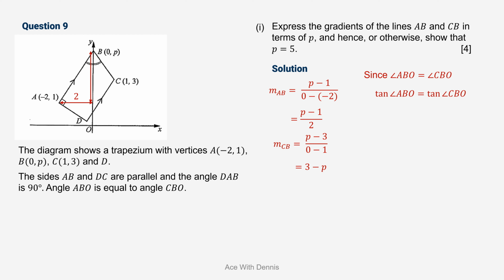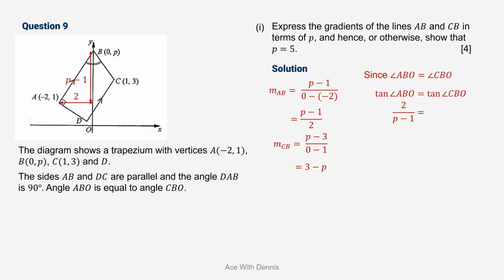And to find the length of this side, given the coordinates of point B is 0, p, and coordinates of A is -2, 1, therefore, this length will be p minus 1. So, tangent angle ABO will be opposite over adjacent, which is 2 over p minus 1.